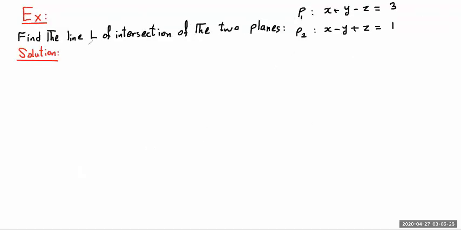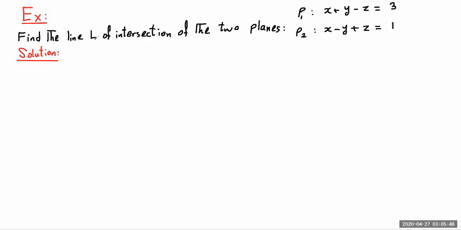The next exercise: find the line L of intersection of the two planes B1, B2. So here we must find one point and a vector parallel to the line.